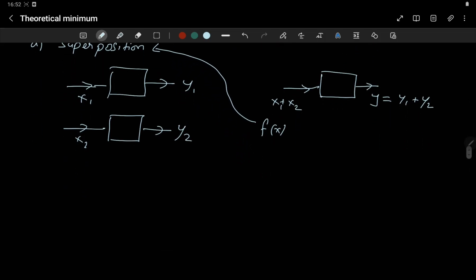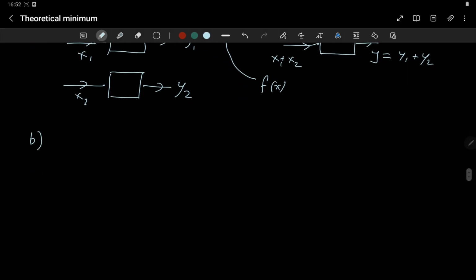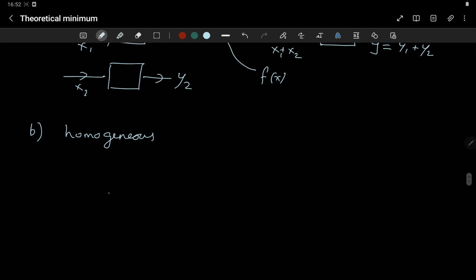The other property, what is it? Homogeneity. So what does it mean? Once again, if I give x, it will give y.